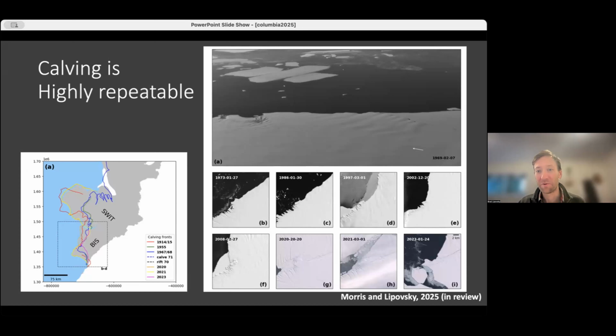And we have all these historical, declassified spy satellites. And if you want to dive in, I realize you probably can't look at these pictures in detail, but they're all in high resolution in this manuscript that's in Reviews of the Cryosphere.